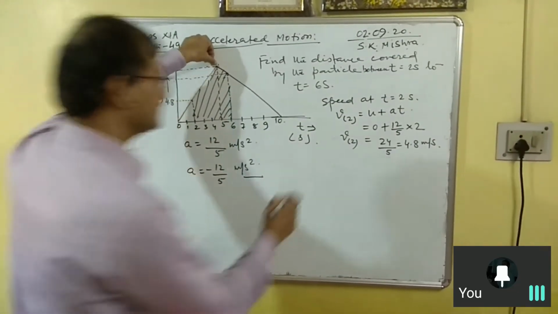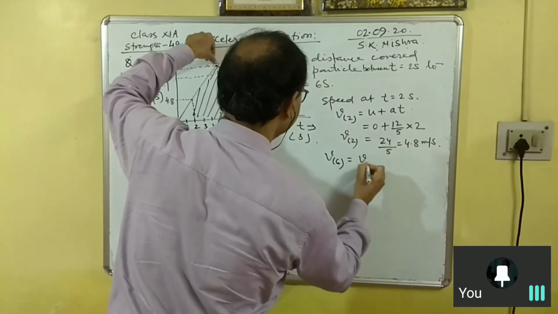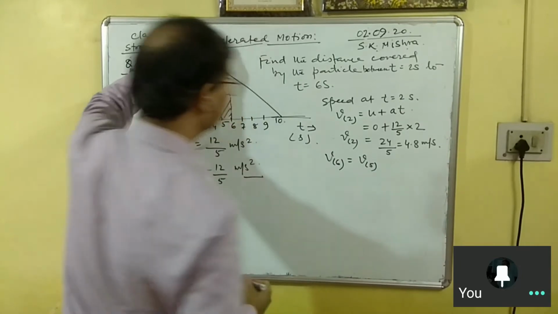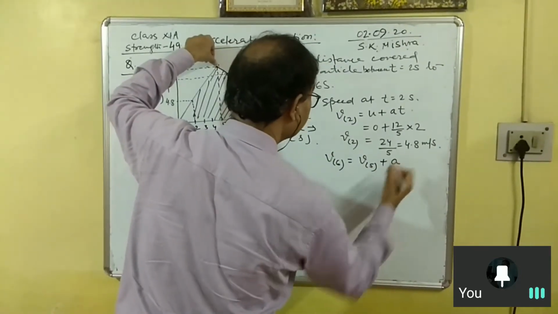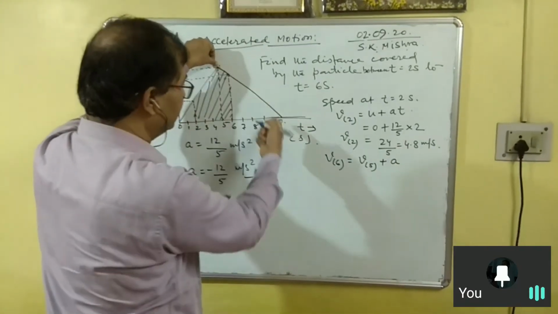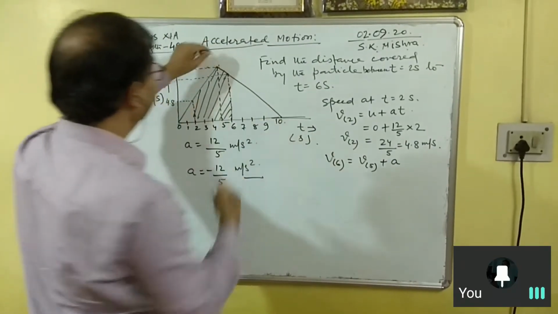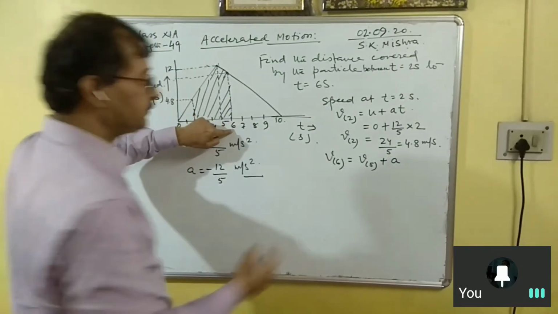So velocity at the end of 6 seconds is equal to velocity at the end of 5 seconds, which will be treated as initial, plus acceleration. I will take a as minus because this is the retardation part, into t. t is 1 second, 5 to 6 is 1 second.